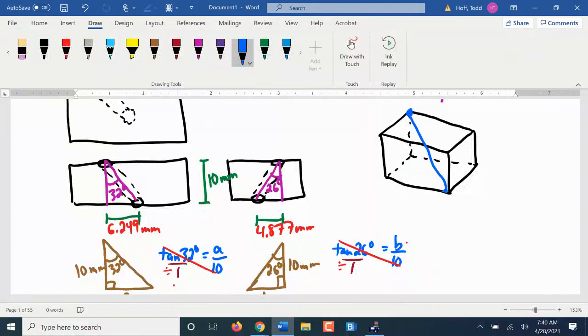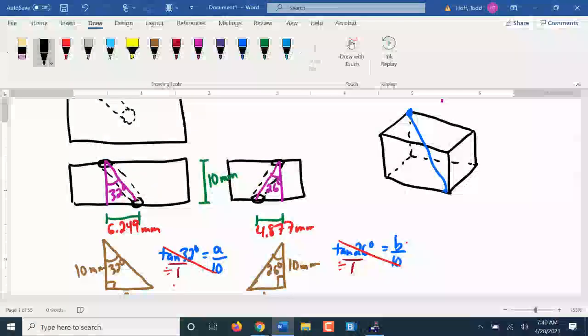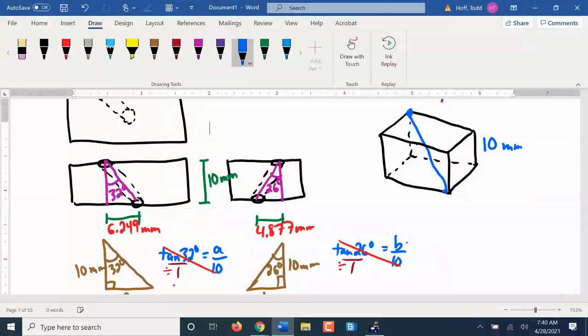If we draw this box, going from that upper back corner to lower front corner, this is our 10 millimeter thickness. 4.877 millimeters. This is the 6.249 millimeters. Now again, those aren't the actual sizes, but the ratios are the same.